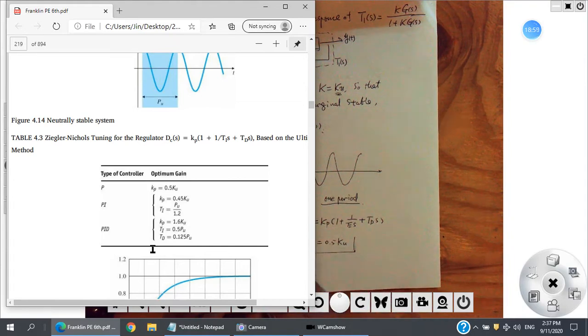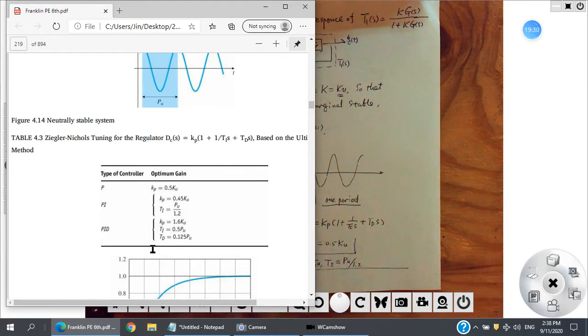And PI control, then I need a Kp, which is not half, it's 0.49 Ku, and Ti equal to Pu over 1.2. And then PID control, I'm just copying that table.